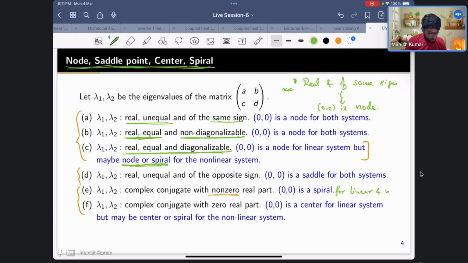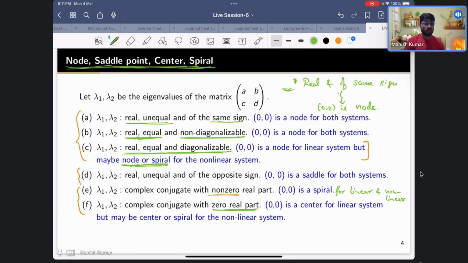So nothing changes here also. If the equilibrium point is a spiral for the linear system, then for the nonlinear system also it is a spiral when the eigenvalues have non-zero real part. But just like in the case of stability, when the real part is 0 we cannot conclude.